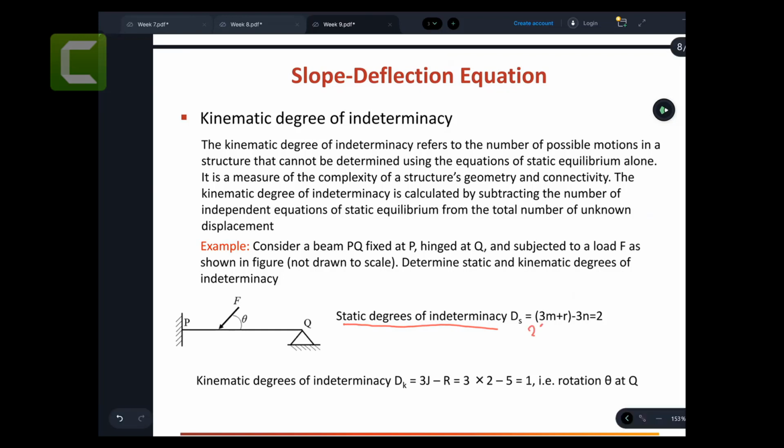How many members do you have? 3 times 1 member. How many reaction forces? 1, 2, 3, 4 and 5 reaction forces. So 5 minus 3 times how many joints? You have 2 joints.